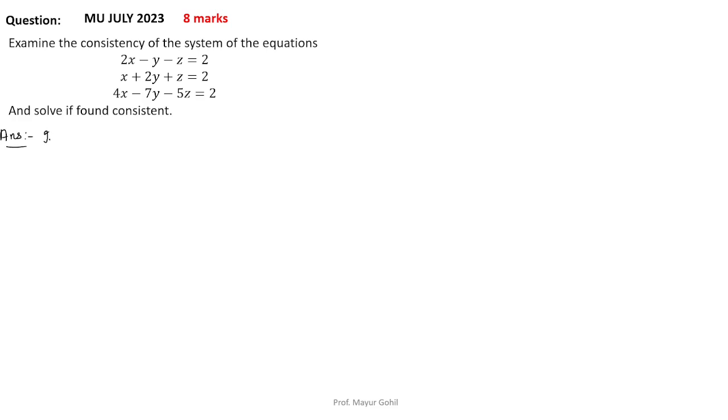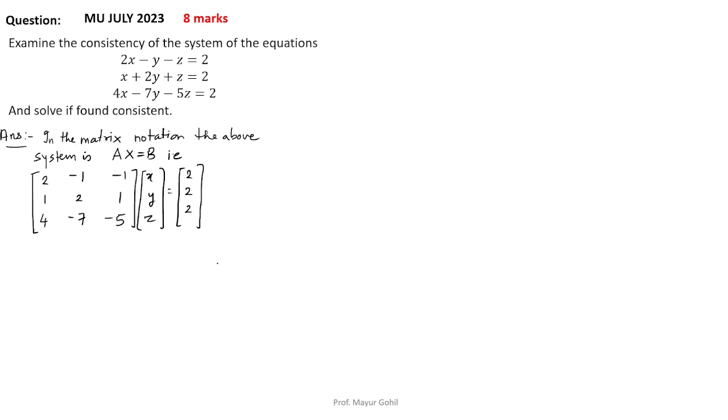So in the matrix notation, the above system is AX = B, so this is how it is written. Now we write the augmented matrix, and so we go for consistency checking basically directly. So we write down this heading here.